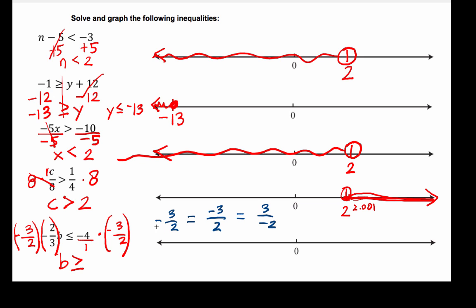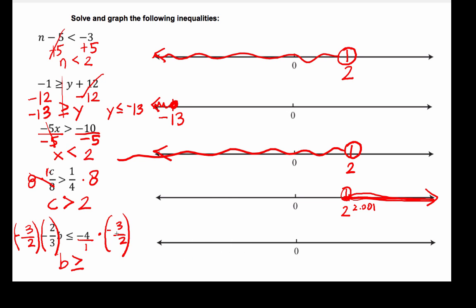A negative sign in front of the whole fraction is the same as -3 in the numerator over 2. It's the same as 3 over -2 in the denominator. So you can have the negative in front of the fraction, in the numerator, or in the denominator. This does not mean -3 over -2. Negative divided by a negative is positive, so that would be 3/2. So these are not the same as these. I just wanted to bring that up.